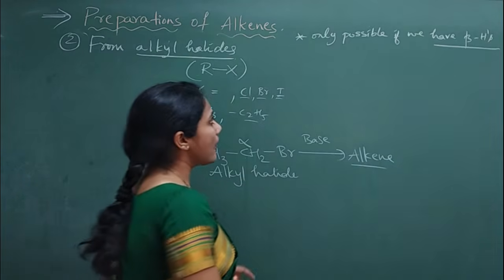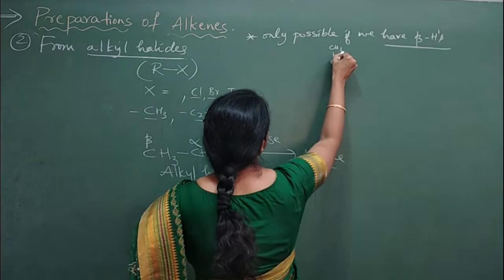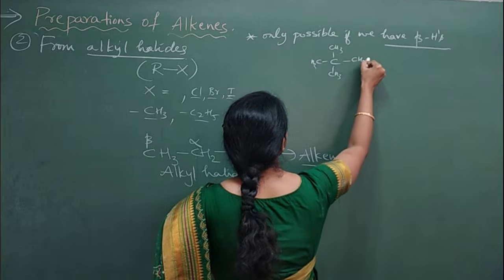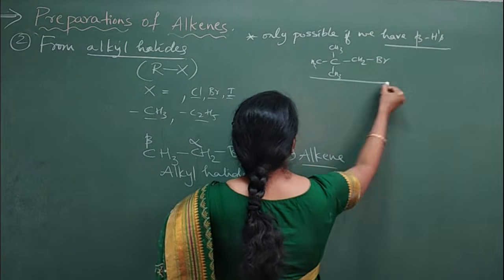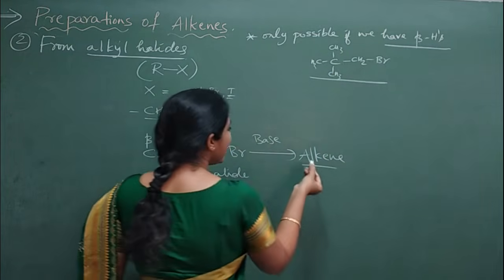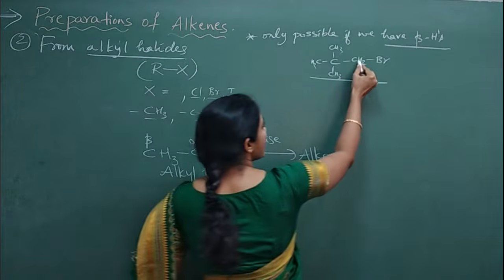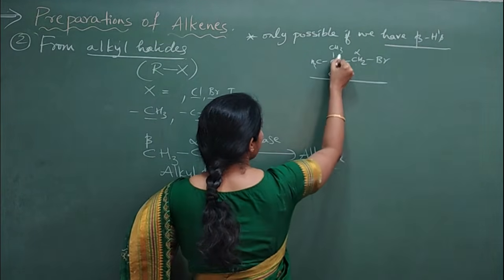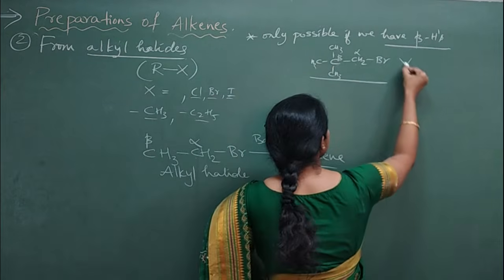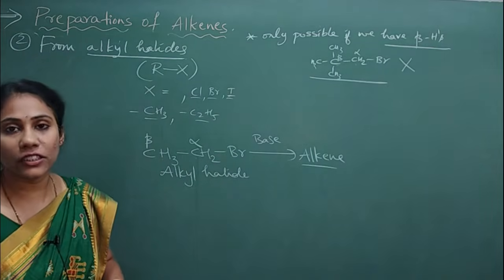For example, CH3, CH3, CH3, CH2Br. Can I use this particular alkyl halide to prepare an alkene? No. Why? Because this carbon is alpha, this carbon is beta. Do you have any beta hydrogen? No, right? So this particular alkyl halide does not undergo this kind of reaction.